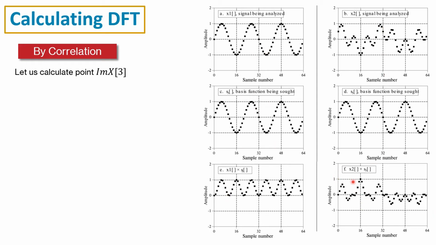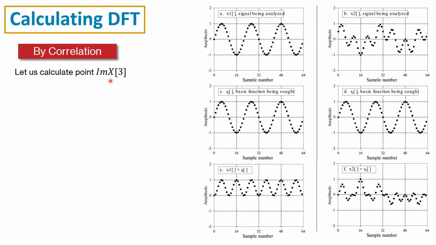This one will give us a zero sum, meaning we add all of them together to get 0. For the other, we add all of them and get a positive number, hopefully 32. So this one shows that this component exists here. So we can keep on doing this. This was for one point only, that was ImX3.